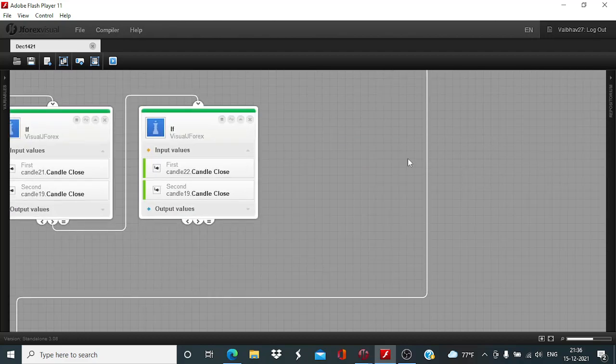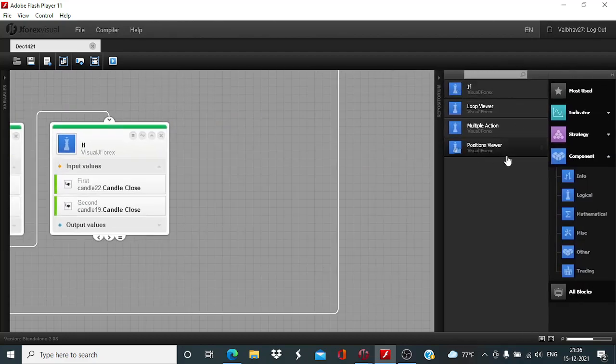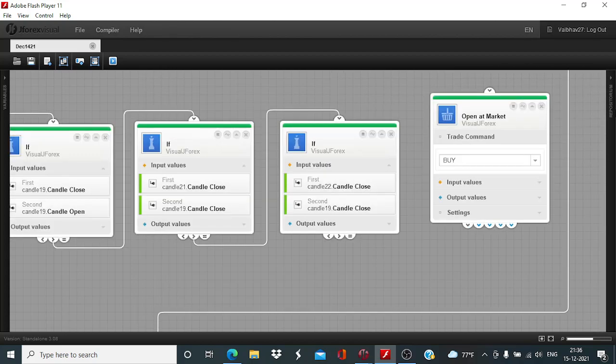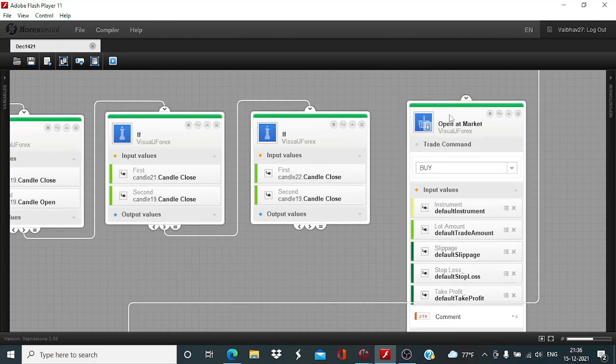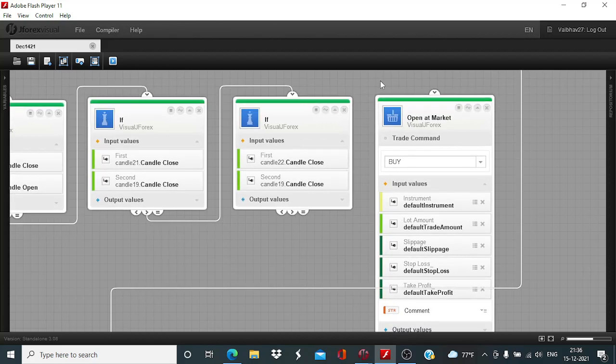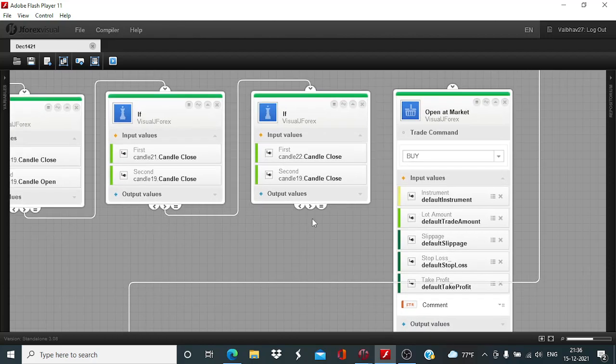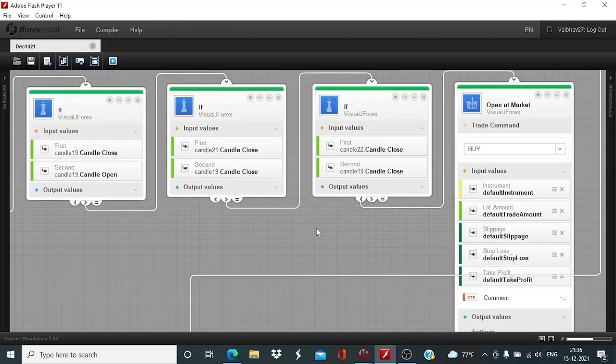and after that we bring in the trade command block, trading component, which is going to be open at market, in this case first input less than second input.